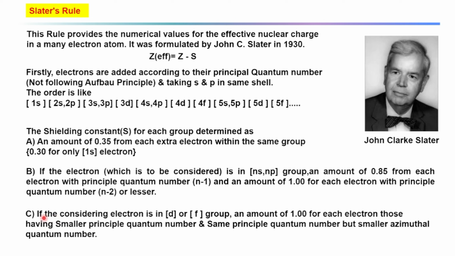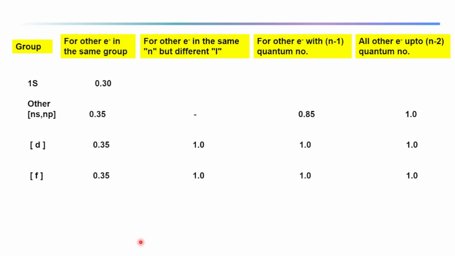Next, if the electron considered is in the d group or f group, an amount of 1 for each electron having a smaller principal quantum number, and the same principal quantum number but smaller azimuthal quantum number, or different group. Now we will try to understand it from an example.